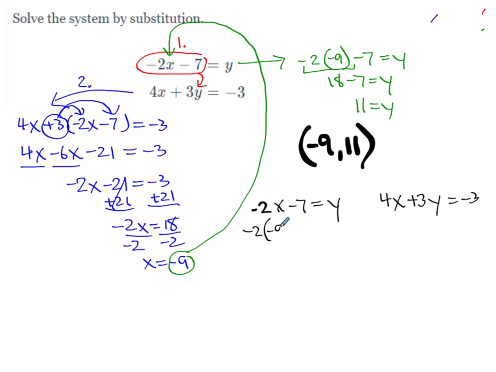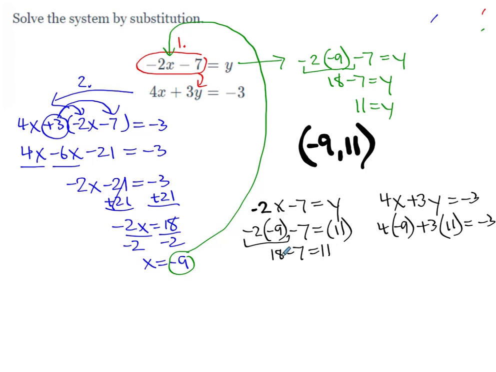And again, I'm going to write negative 2, in for x goes negative 9, minus 7 is equal to 11. Then I have 4, in goes negative 9 for x, plus 3, in goes 11 for y, is equal to negative 3. And then we evaluate. In this one, I would have to multiply before I subtract. So that's going to be 18 minus 7 should be equal to 11, and 18 minus 7 is equal to 11. 11 equals 11, so that's true.